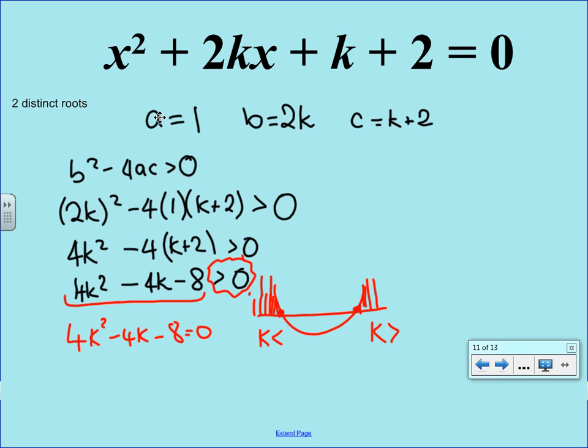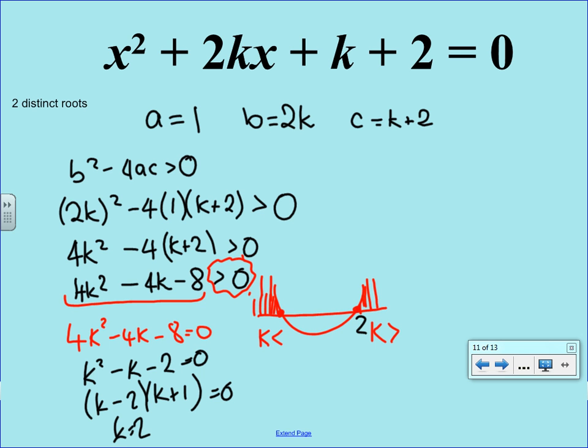But that divides by 4, doesn't it? So k squared minus k minus 2 is 0. So we're going to get k minus 2, k plus 1. So k is 2 and k is minus 1. So we're going to end up with k less than minus 1 or k greater than 2. Perfect.